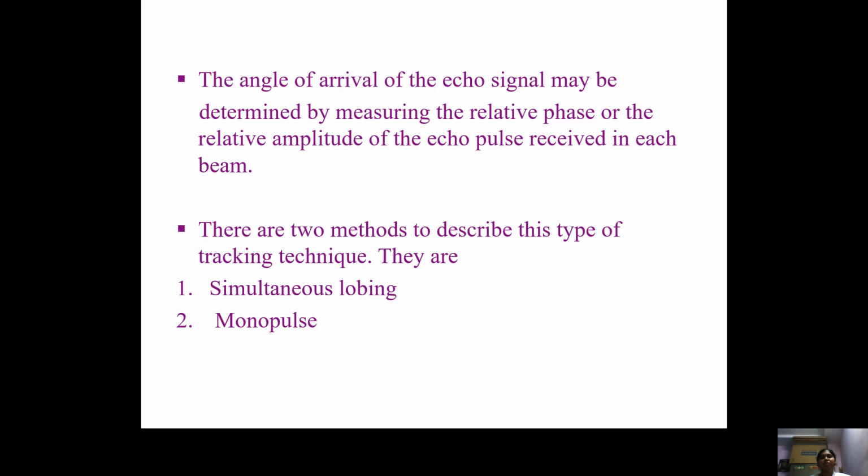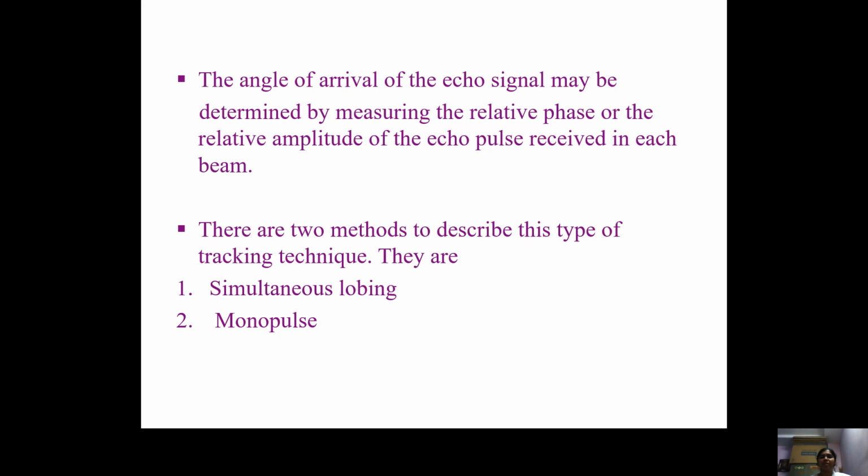Here we transmit the signal from the transmitter. Before it is transmitted, we use two horn antennas, which generate two radio frequency signals, combined with the reflector antenna, and from the two horn antennas we generate two antenna patterns, two antenna beams, simultaneously.